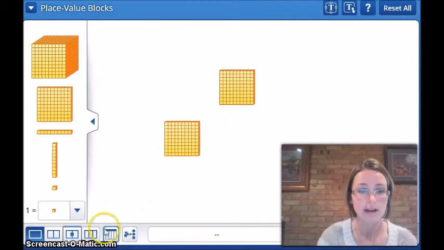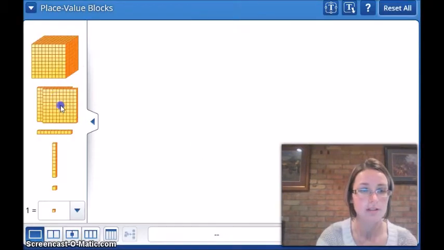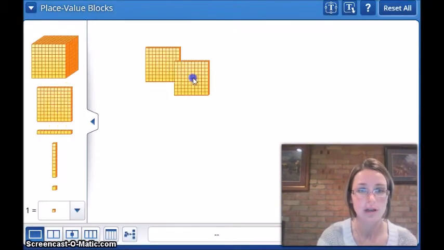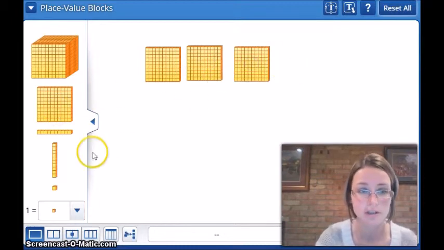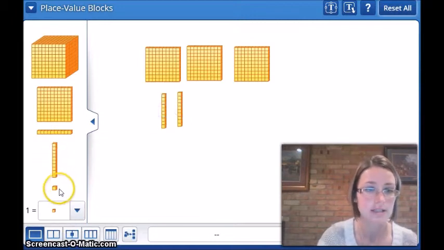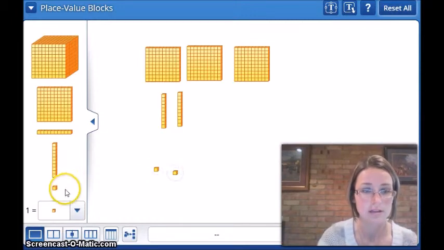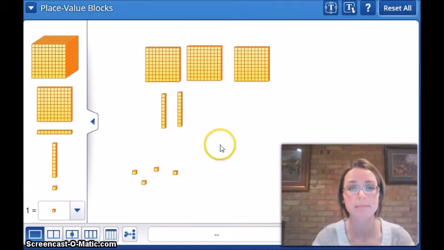But before I leave and we end our session, I am going to put 3 hundreds cubes up, 2 10 sticks, and I'm going to put 4 ones cubes up.